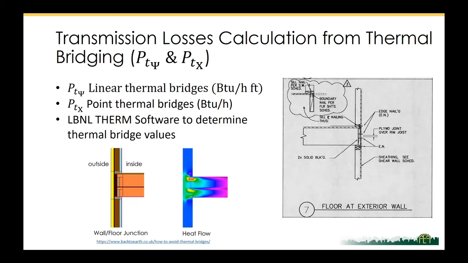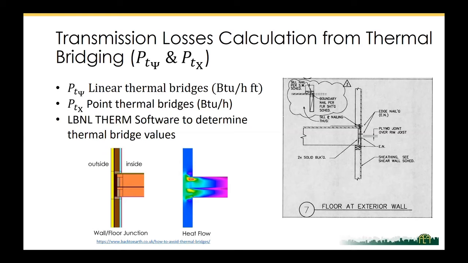And so when you have a break in your insulation, like a stud, or in this case, we're looking at a wall/floor junction, you actually have increased heat flow. So you see in the figure at the bottom, you see the heat flow coming through there because you have a break in your insulation.